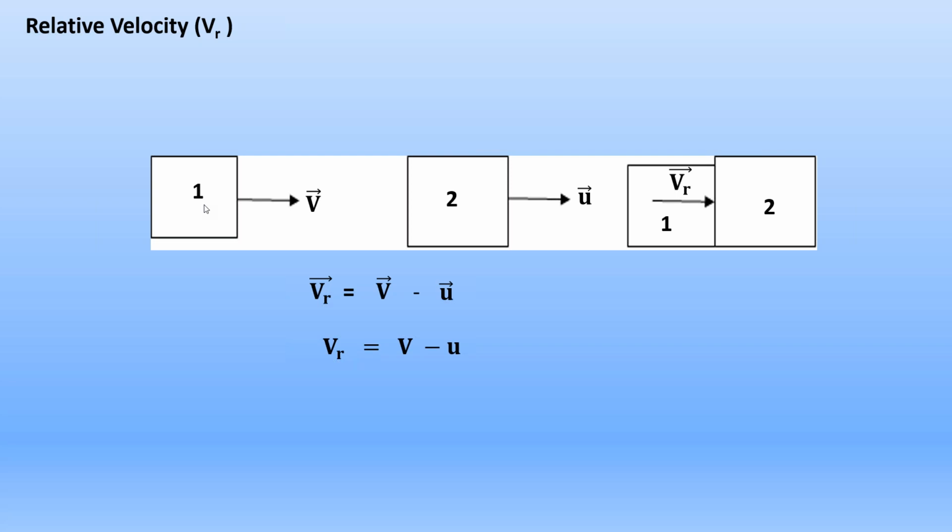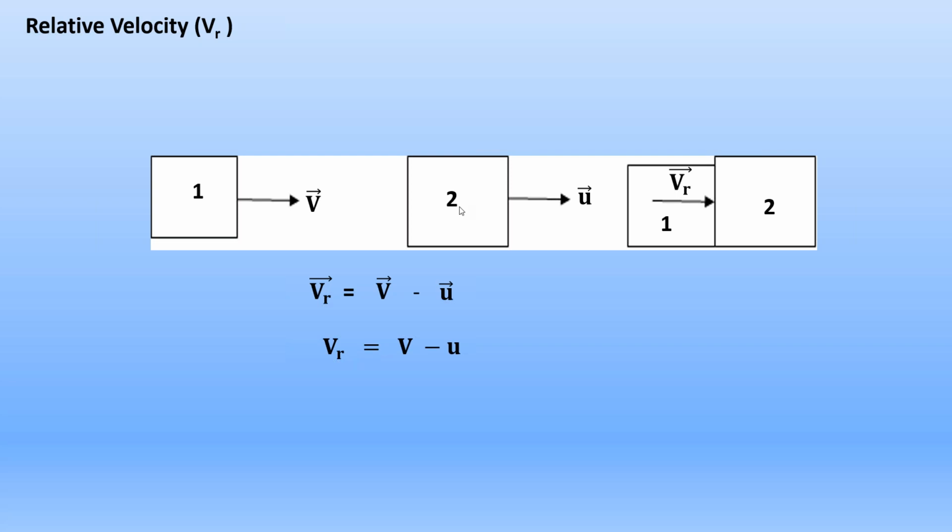So in this diagram, V bar is called the absolute velocity of the first body, and U bar is called the absolute velocity of the second body, because we measure those velocities V bar and U bar with respect to the earth surface.